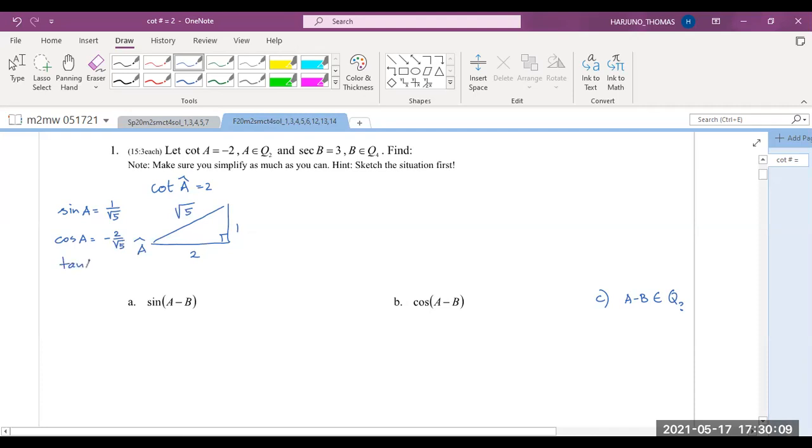And tangent A is just the reciprocal of cotangent. And then for secant B hat equals 3, that's 3 over 1, so this is square root of 8, which is 2 radical 2. Now then, let me do it this way instead.